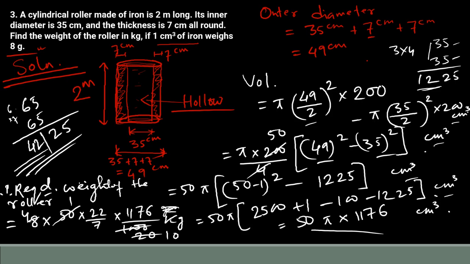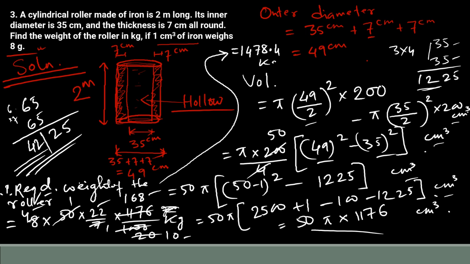So 7 into 1176 will be 168. So basically you are left with 168, 22, 4 and 10, right? 168 times 22 times 4 is 88, right? 168 times 88 you have to do, and then divide by 10. You will get the answer as 1478.4 kgs. This will be your final answer.